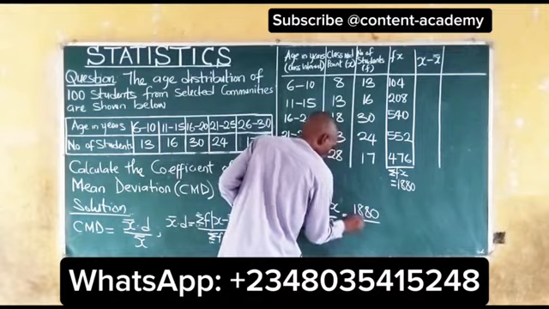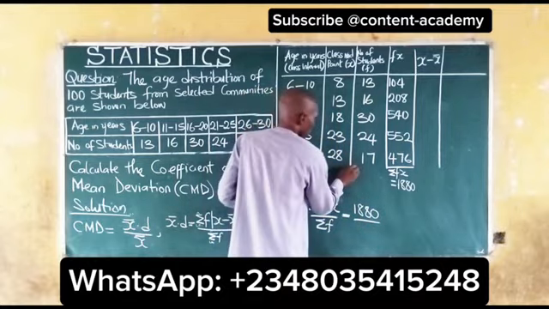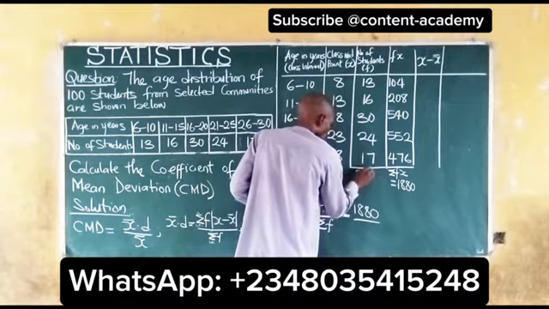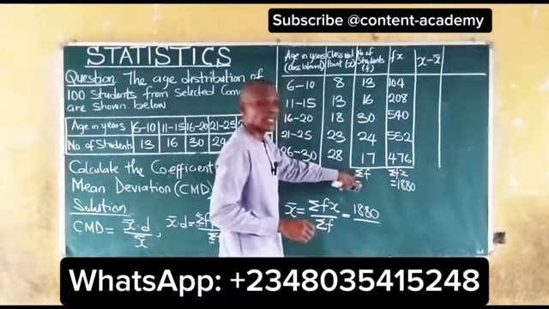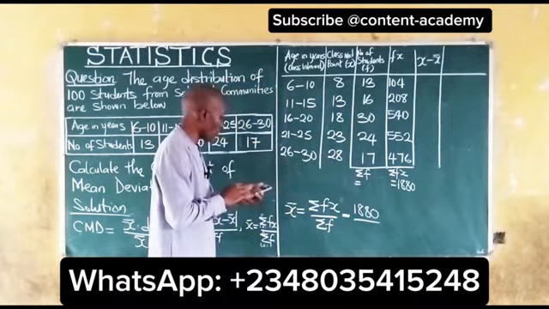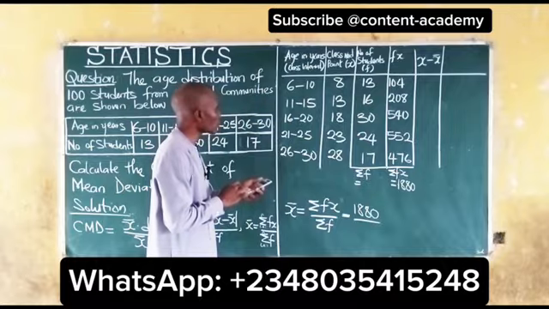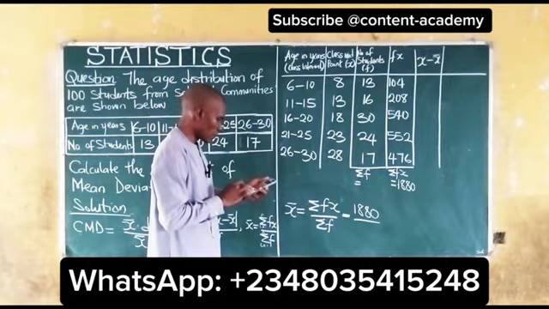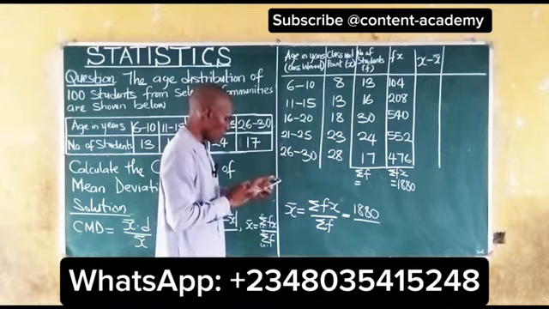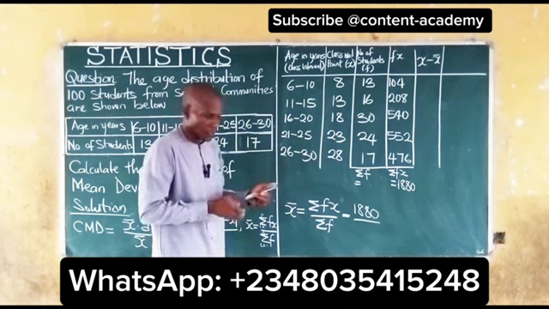So we have 1880 divided by summation of f. What is our summation of f? Now we add everything here to get the sum of our frequency, which is 13 plus 16 plus 30 plus 24 plus 17.